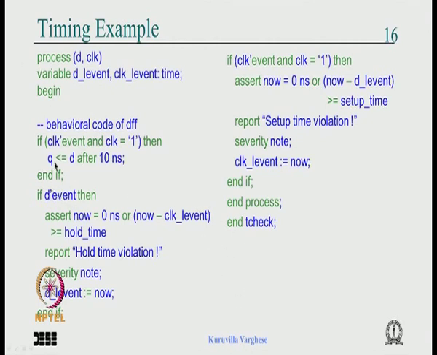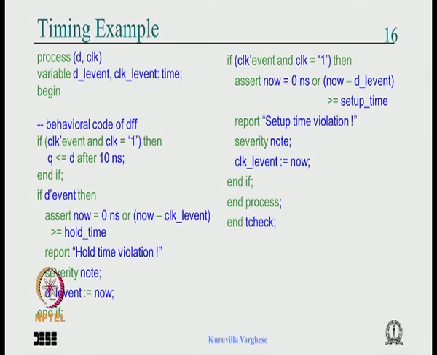So that is the behavioral code, and in this code we are not checking whether there is any violation at the input. Actually if the input is violated then we can't say Q gets D after 10 nanoseconds, but our interest is in checking the setup and hold time violation rather than reflecting that at the output. Anyway the message will be printed, so we know that the output is not going to come.